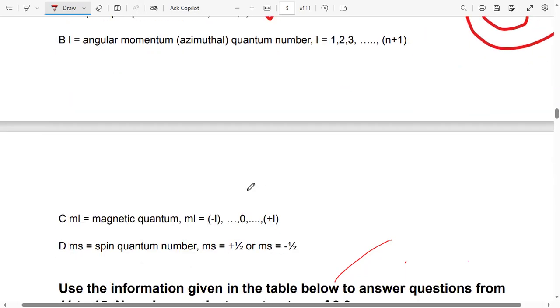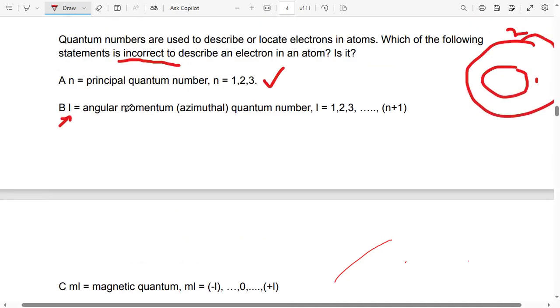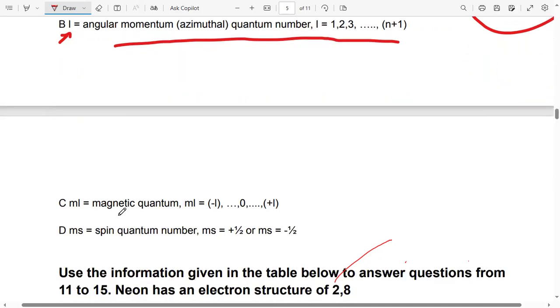And then the magnetic quantum number, I've skipped this one because that's the answer, because it's incorrect. Remember, we are looking for an incorrect statement, but I'll come and explain it later. The magnetic number is just from the minus of the angular momentum quantum number to the positive of the angular momentum quantum number, including 0 itself.